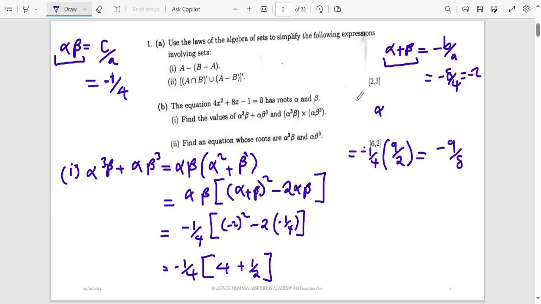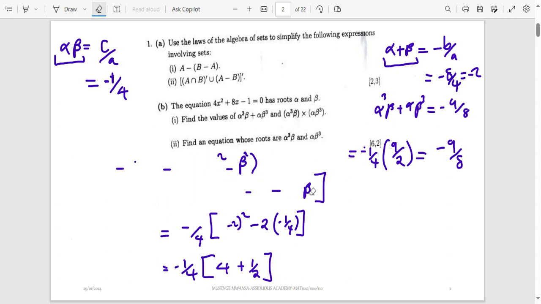I'll write it the same way it has been given: alpha cubed beta plus alpha beta cubed is negative 9 over 8. The next one we want to find is a product, and it has already been given there. Alpha cubed beta multiplied by alpha beta cubed.